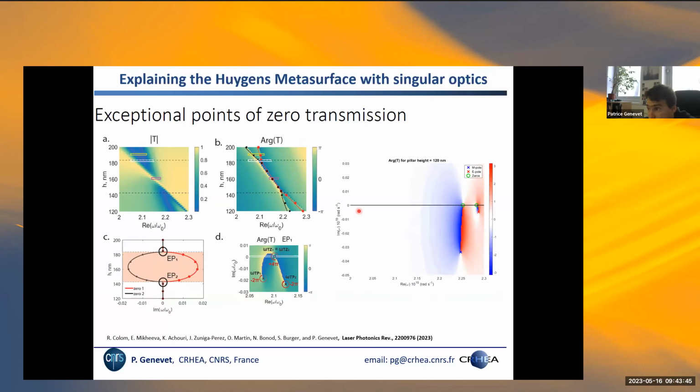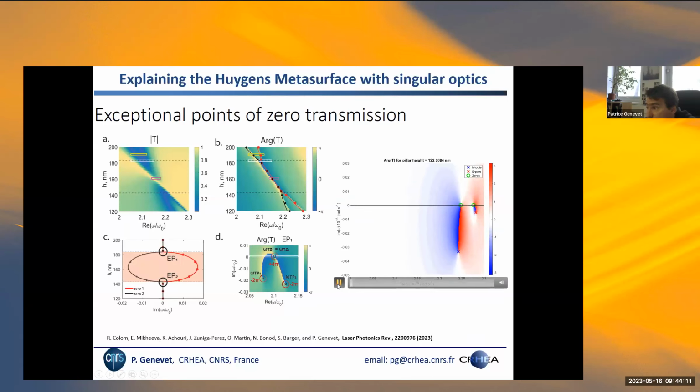You know? And for that, I need to show you this video. I think it will very well help understanding what's going on here. I show again the phase, imaginary and real part of the phase plot as a function of geometry, where we start with a height of 120 nanometers, and we show this complex plane where you have the zeros that are on the real axis, the electric dipole, magnetic dipole.